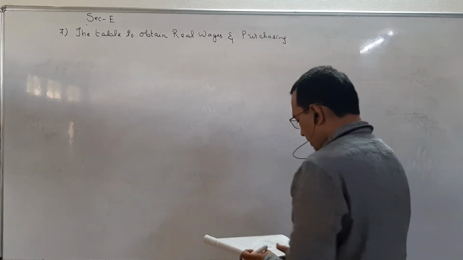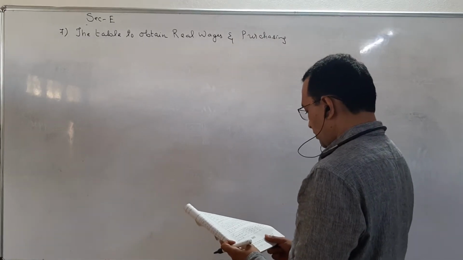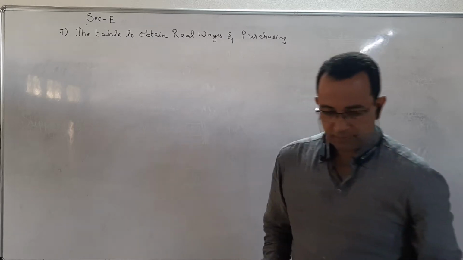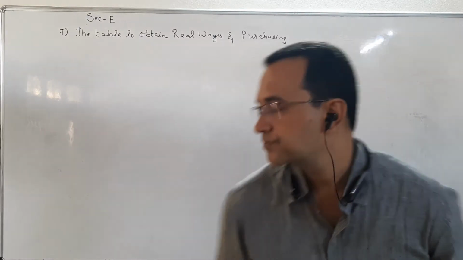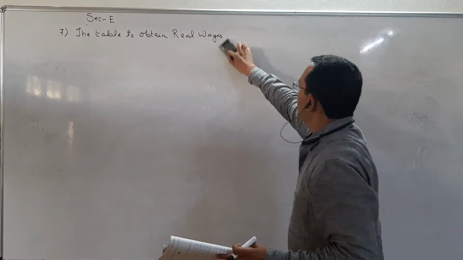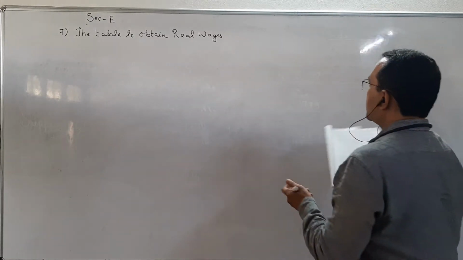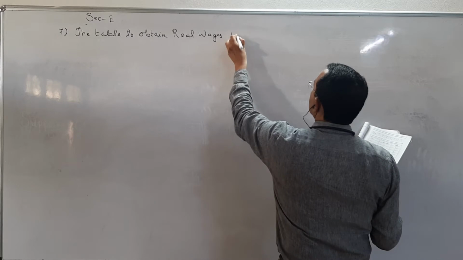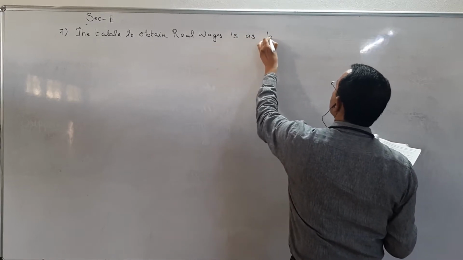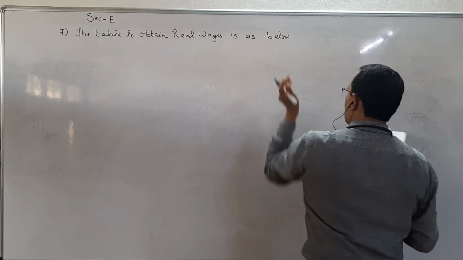But purchasing power, I think, students, we have only to find for 1 year, so we are not writing it for the time being. So the table to obtain real wages is as below.